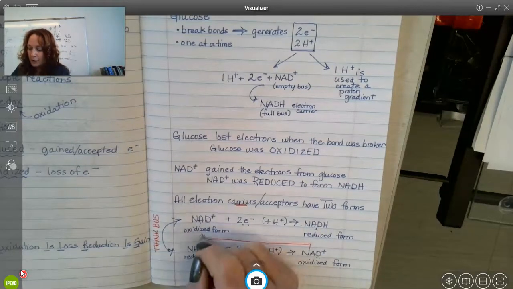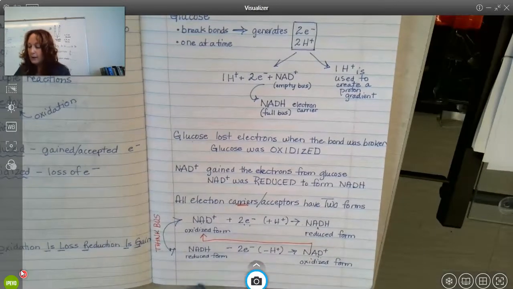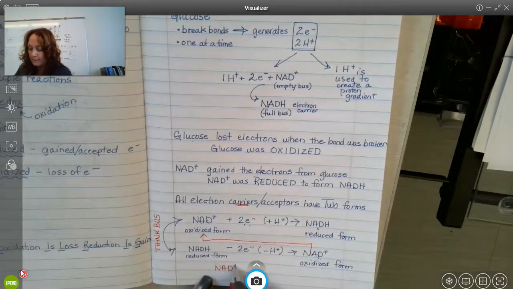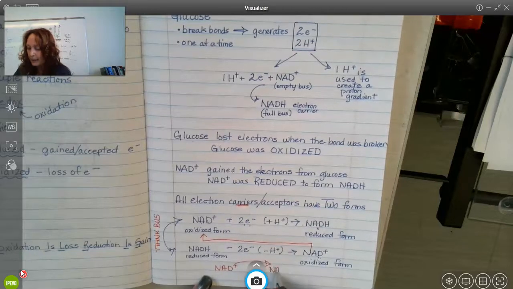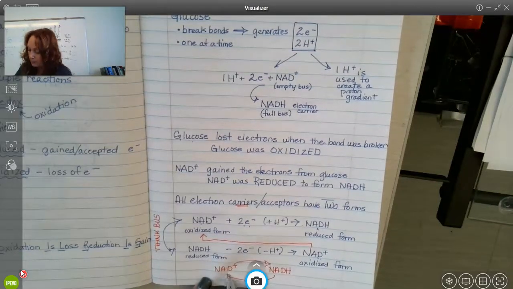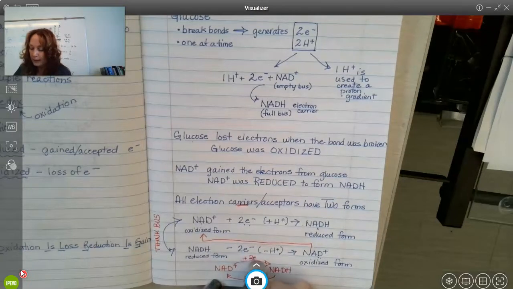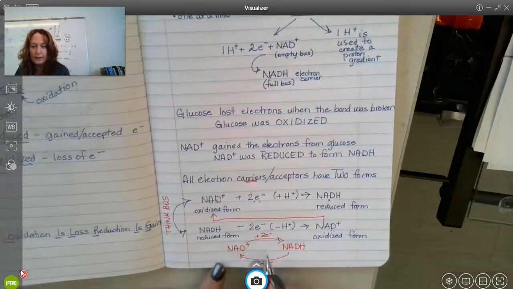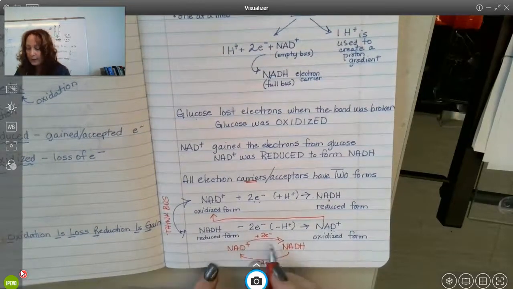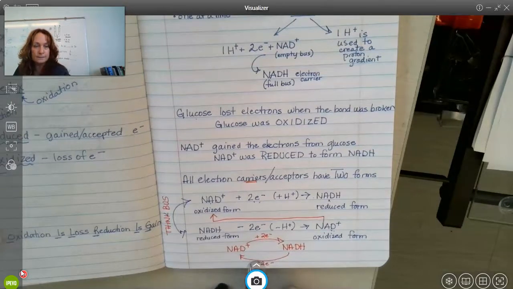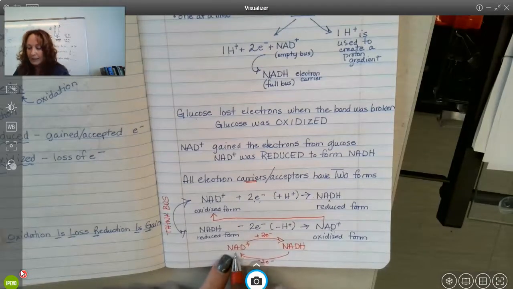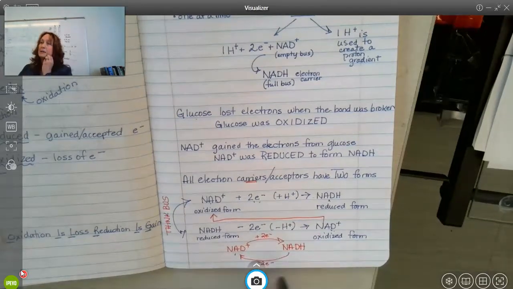So there is a shuttle where there's just a big cycle of regeneration from NAD to NADH, full bus, empty the bus. So this would be gain the electrons, lose the electrons. This regeneration of NAD and NADH is crucial. So that's what's going to drive a lot of these processes.